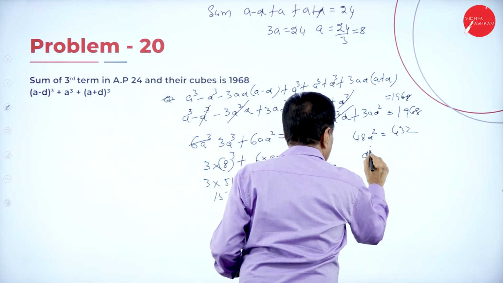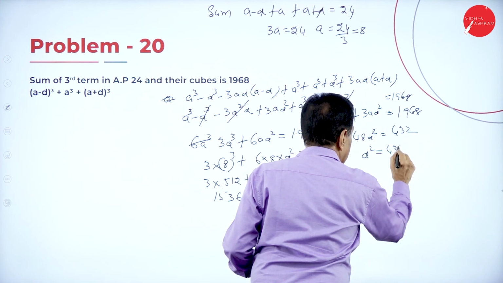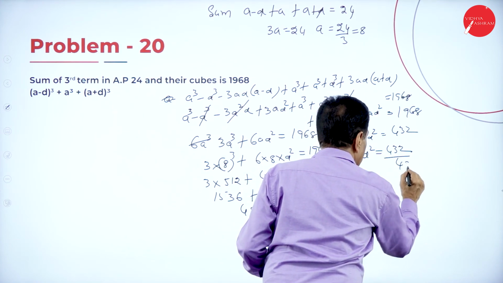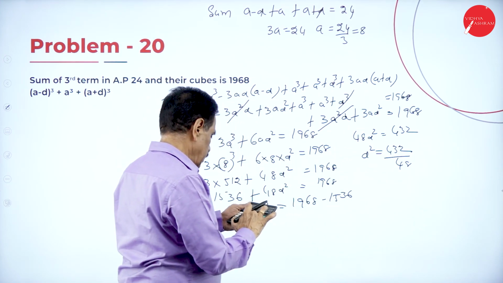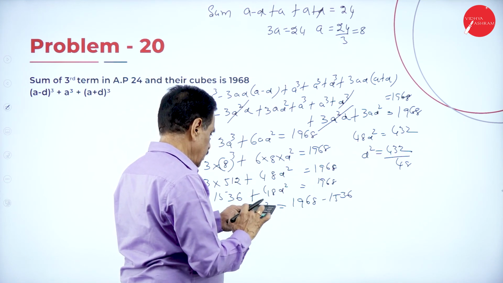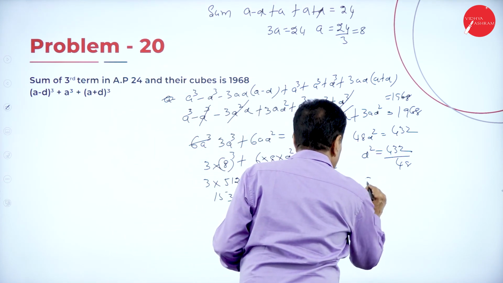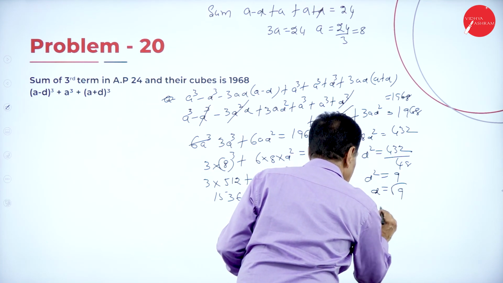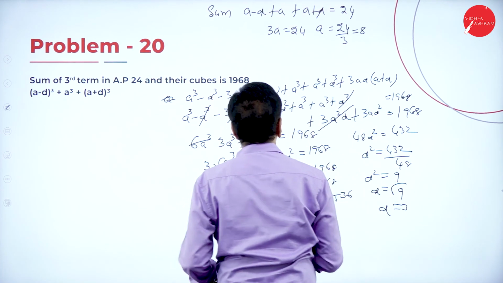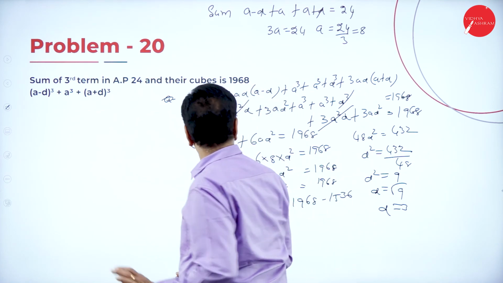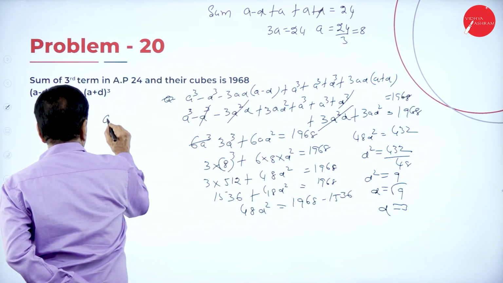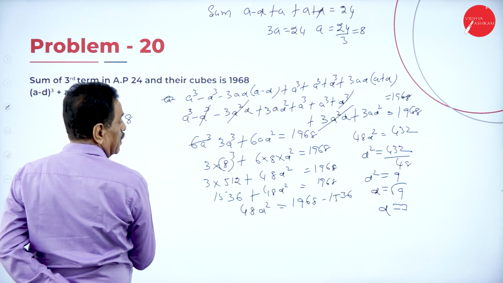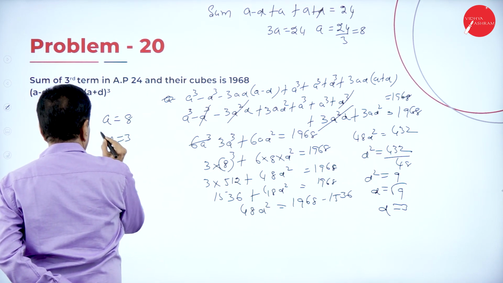D square is equal to 432 divided by 48, which is 9. D square is equal to 9. D is equal to root of 9. D is equal to 3. So we arrived at the figures: A is equal to 8, D is equal to 3.